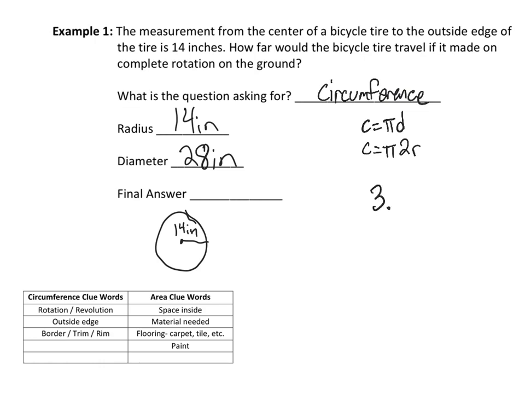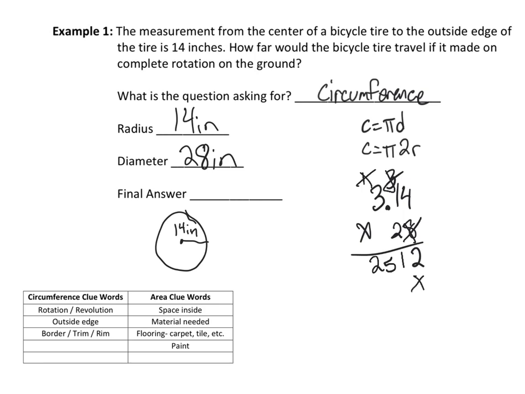Pi, which is 3.14, times 28. 8 times 4 is 32. Put the 2, carry the 3. 8 times 1 is 8, plus 3 is 11. Carry the 1. 8 times 3 is 24, plus 1 is 25. We're done with the 8, so we can cross it out and everything associated with it.